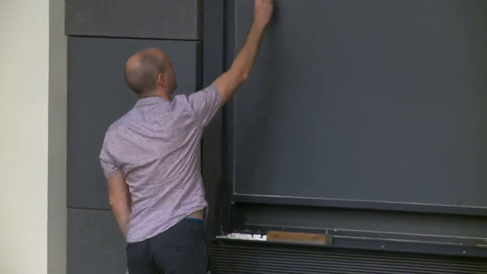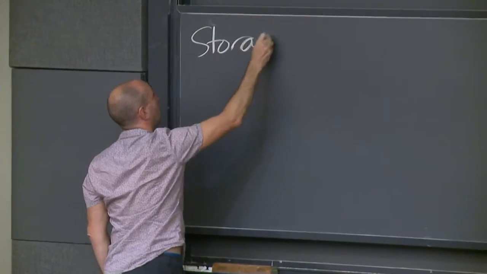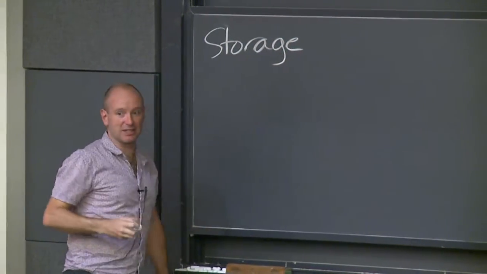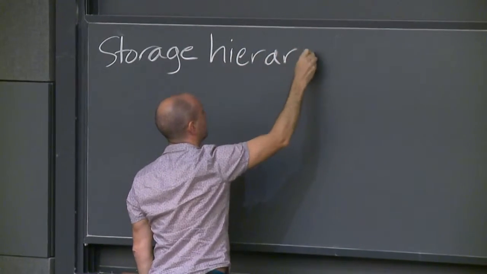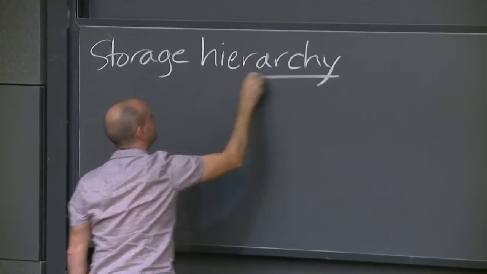So the first thing we're going to talk about is essentially all of the different storage technologies that go into a typical computer, like your laptop, like the grading server. And although this term is not a fabulous term, everybody calls this the storage hierarchy.